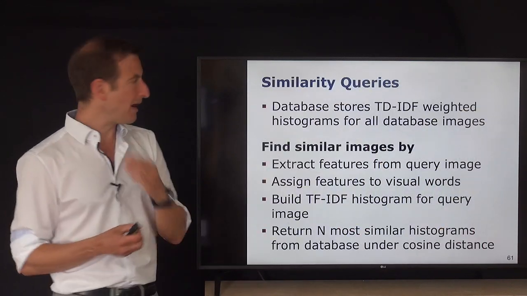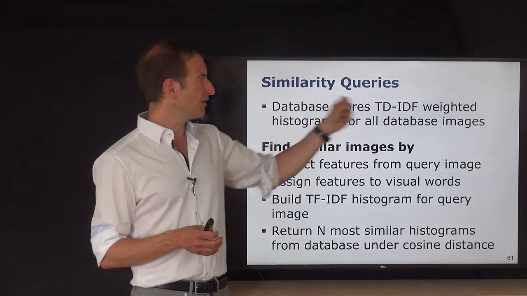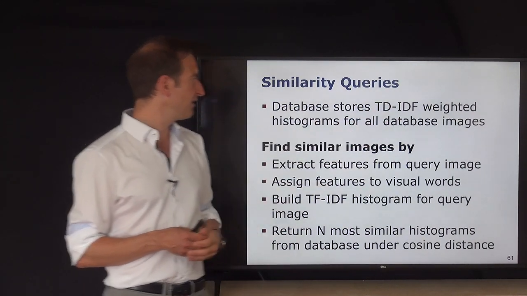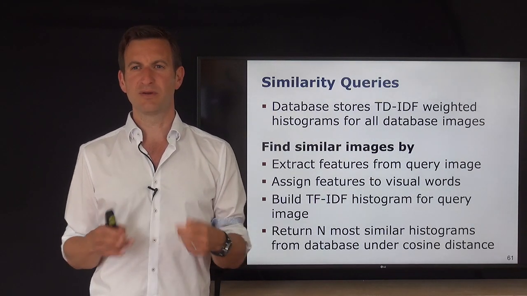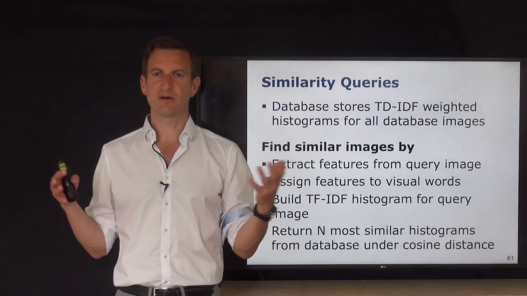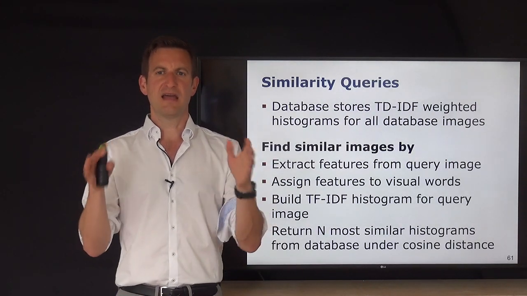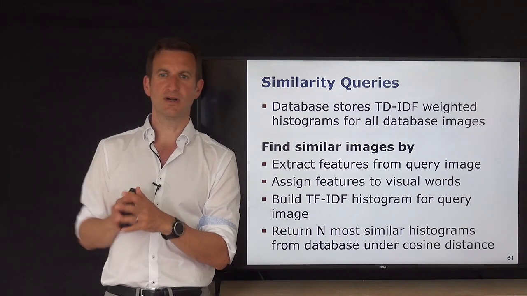To perform our similarity queries, we use our database and we store the TF-IDF weighted histograms for all images in the database. If we want to find a similar image, we extract the features from the query image, so we run our SIFT detector. We assign every feature that we detected to a visual word, or if it's very far away, ignore it.